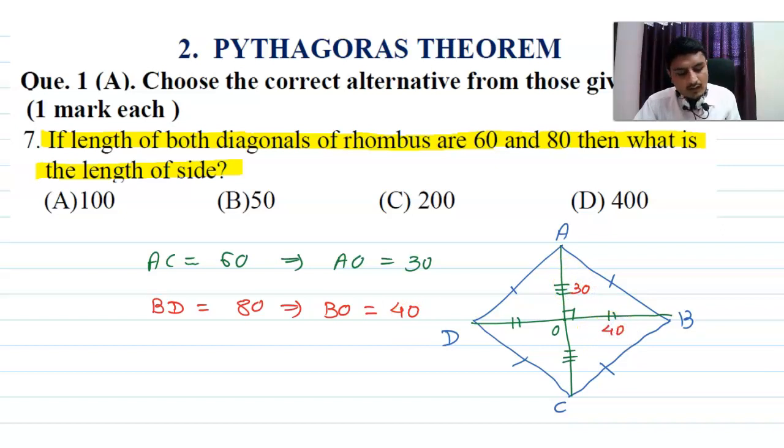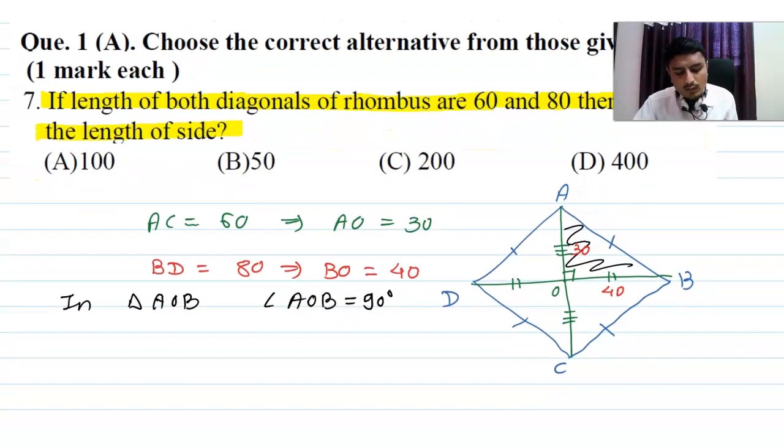Look at the black shaded triangle AOB. In triangle AOB, the measure of angle AOB is 90 degrees. That means the given triangle AOB is a right angle triangle, so it should satisfy the Pythagoras theorem. So AB square equals AO square plus BO square.